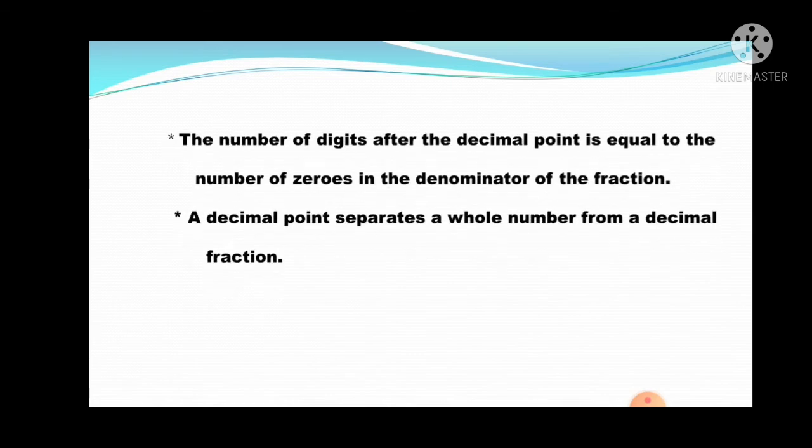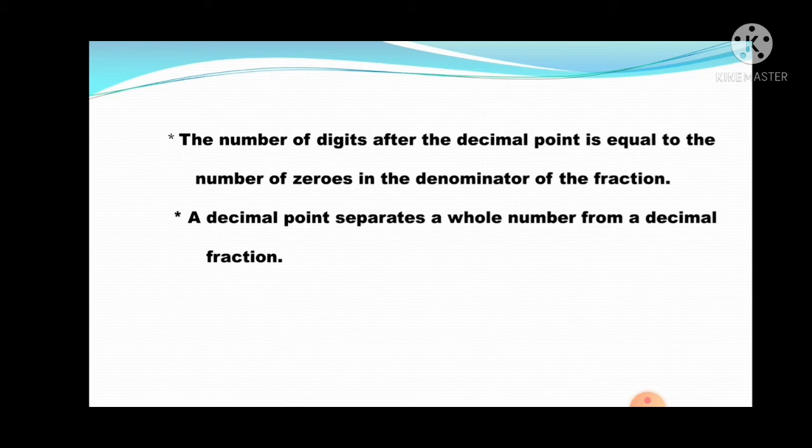Next, the number of digits after the decimal point is equal to the number of zeros in the denominator of the fraction. In the fraction's denominator, how many zeros are there? If the denominator has 2 zeros, then the decimal point should be placed after 2 digits.